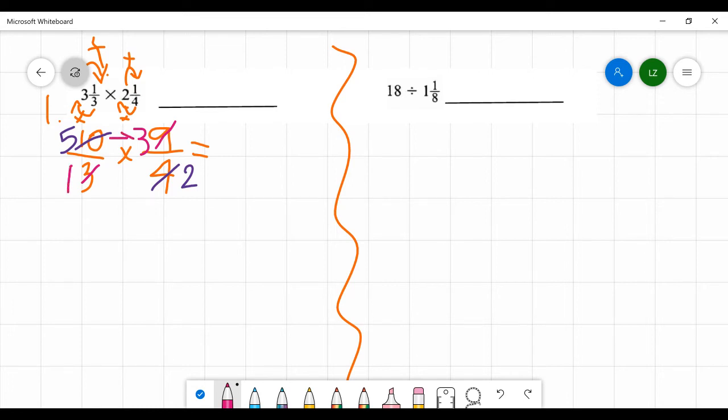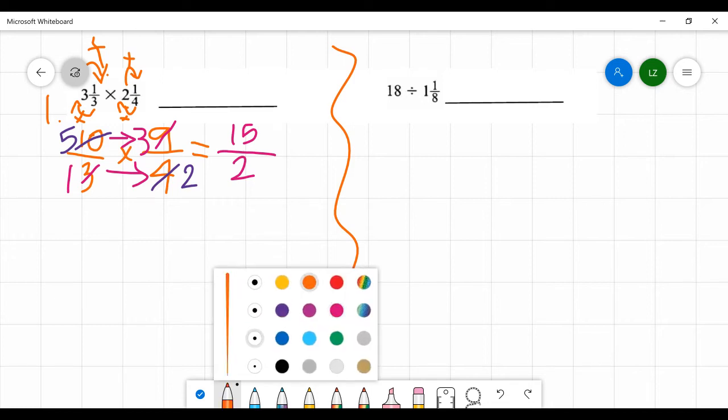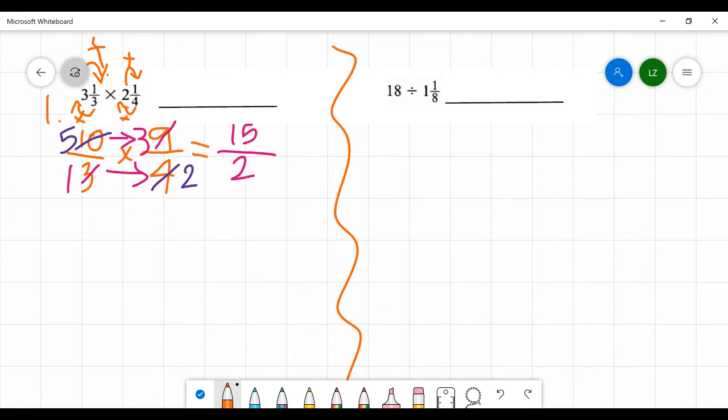And then we multiply straight across to get our answer. So 5 times 3 would give you 15. 1 times 2 would give you 2. And now we simplify from here. And remember, fractions are division problems. So that is really just saying 15 divided by 2.